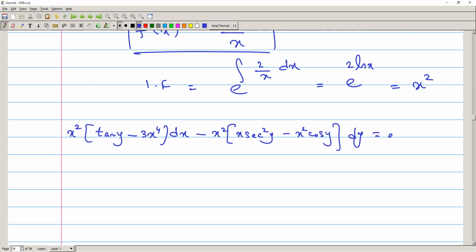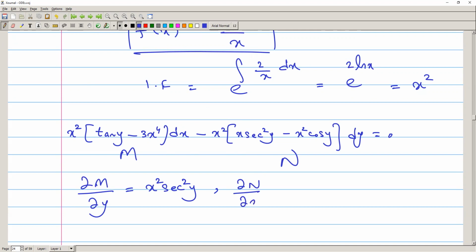Now check whether this is exact or not. This is M, this is N. So partial M over partial y, which means we will get x squared sec squared y, and partial N over partial x.